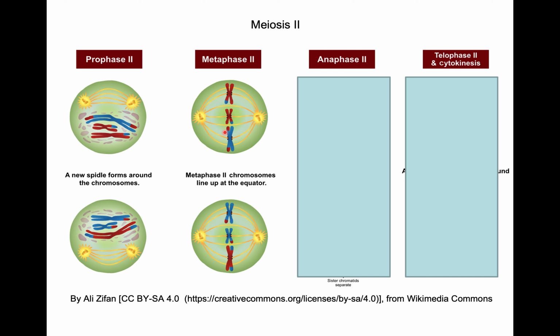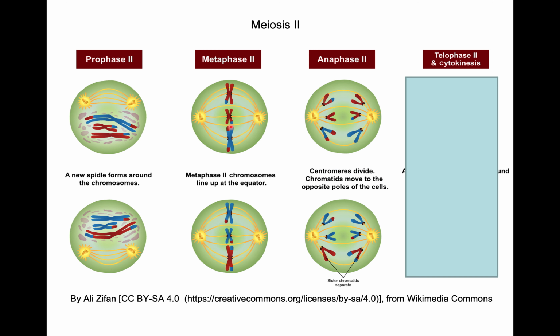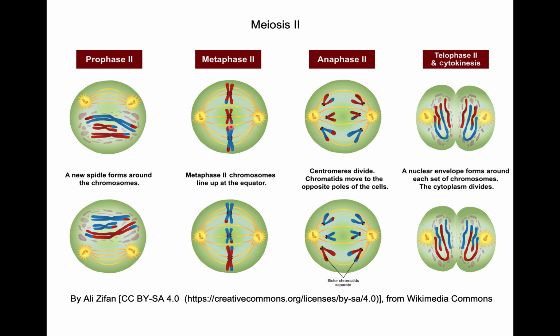Okay, no more pairwise because there are no pairs. Then, just like mitosis, during anaphase 2, sister chromatids separate, and you're going to get two cells from this top cell, two cells from this bottom cell.